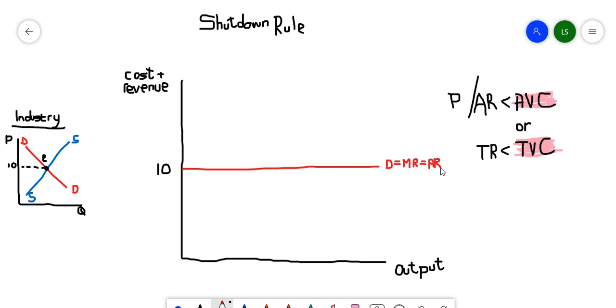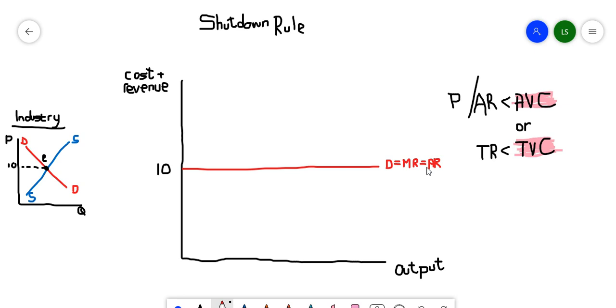Okay, so for today, I'm going to go through those steps so that next week it's not the first time that you hear it. The very first thing, we draw demand and marginal revenue and average revenue. We have done that. Okay, step one done. Because in a perfect market, this one horizontal graph represents demand and marginal revenue and average revenue.